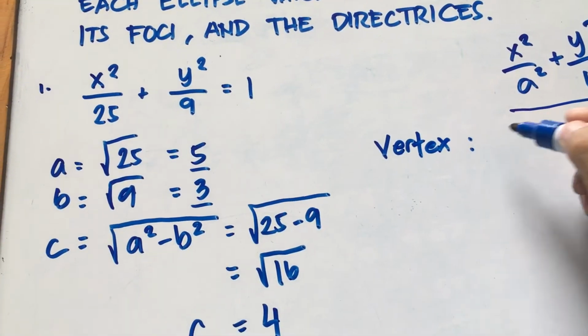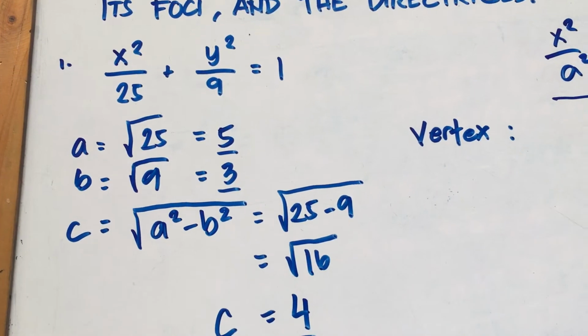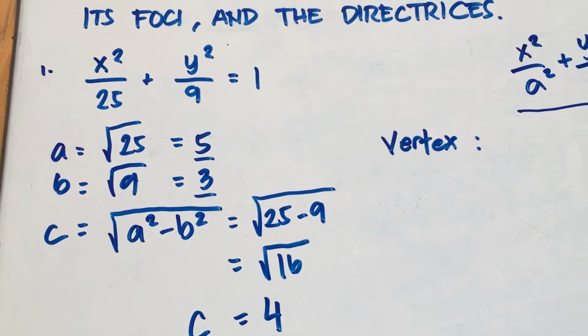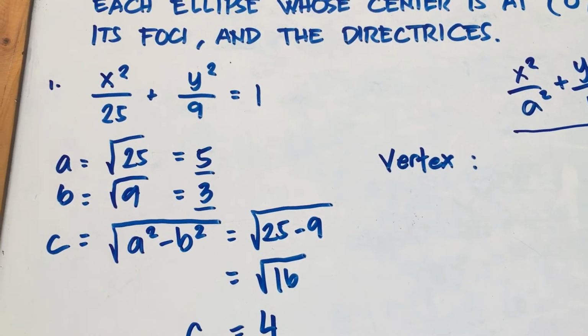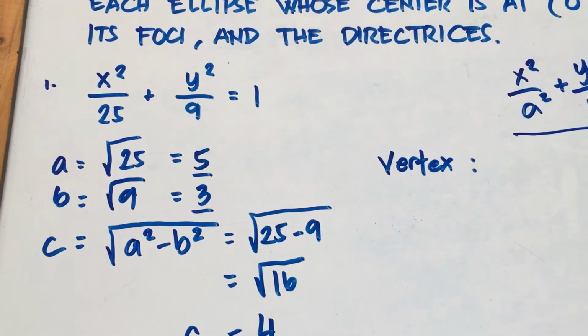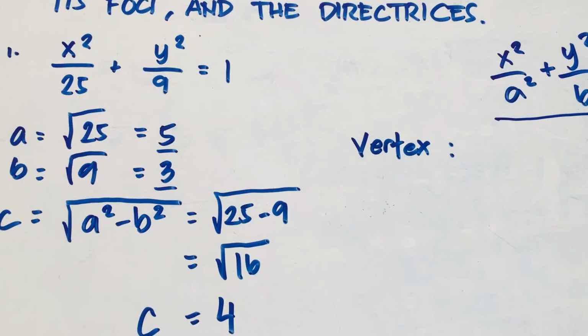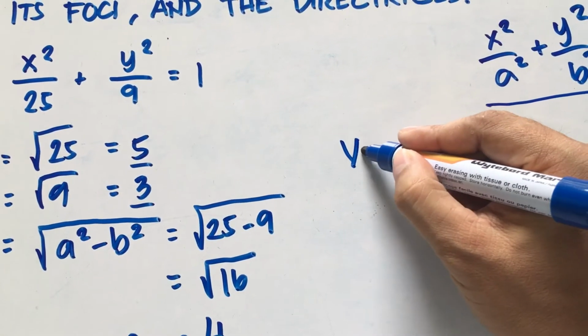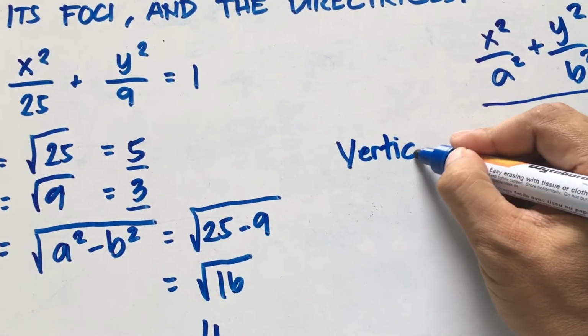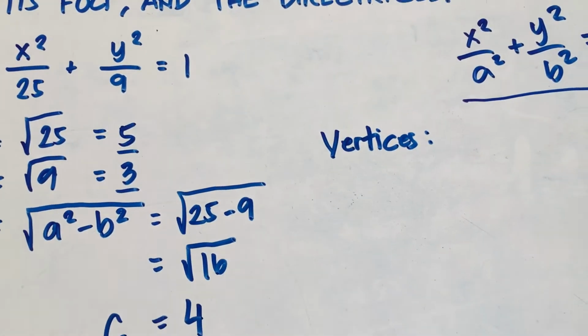What will be the vertex of your ellipse? Since an ellipse has 2 vertices, we put here vertices, the plural for vertex.